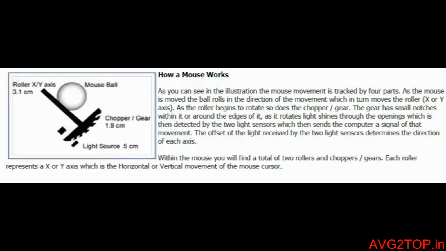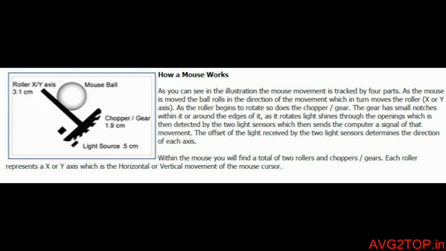How a mouse works. You can see in the illustration, the mouse movement is tracked by four parts. The mouse ball moves and rotates in the direction and turns the roller. So the mouse ball turns within the rollers inside, along the X and Y axis.